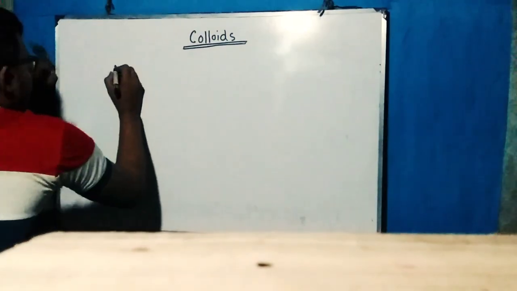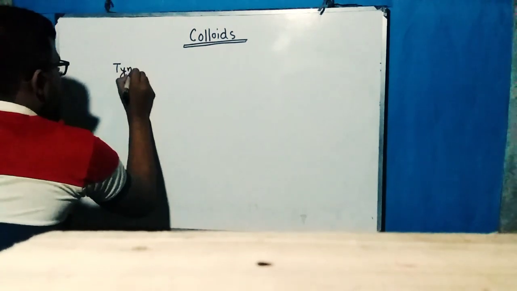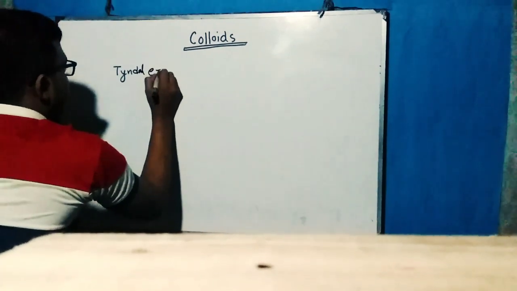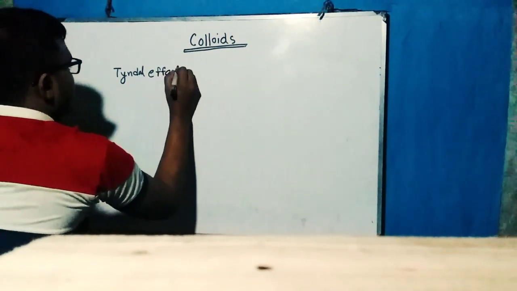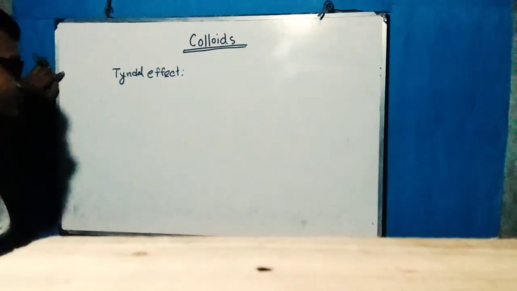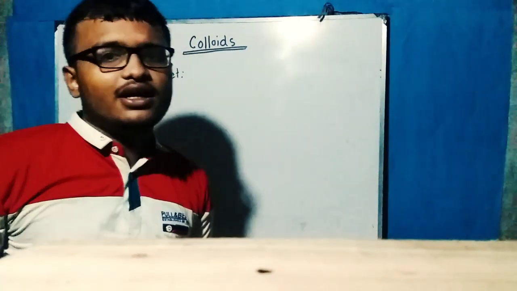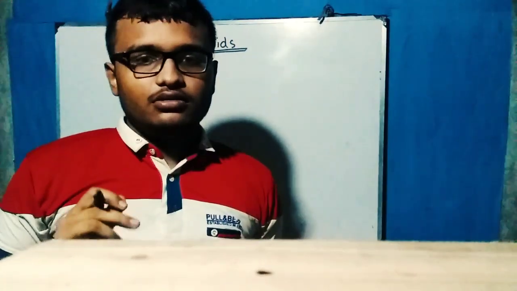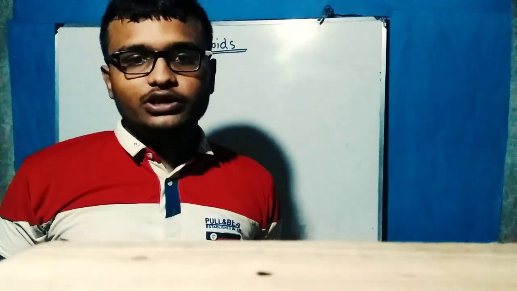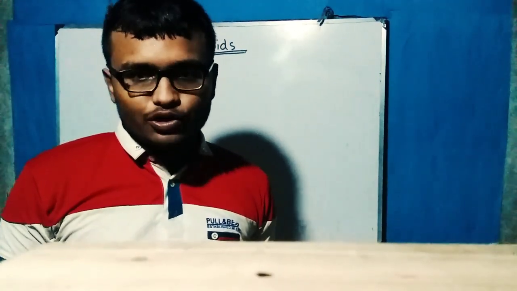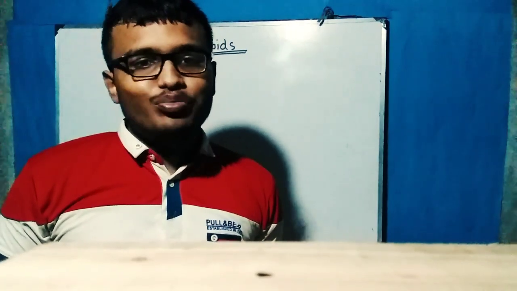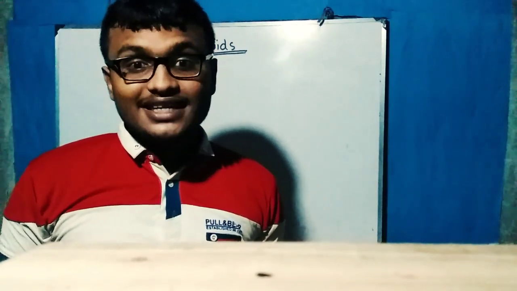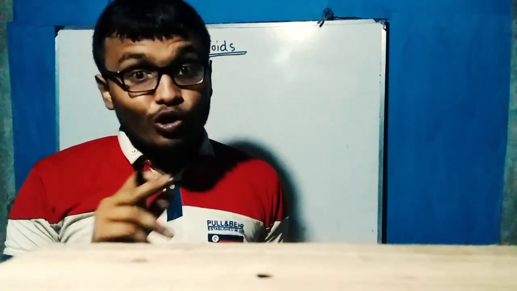Let's start with the Tyndall effect. Suppose we have taken two containers. In one container there is a solution of sodium chloride, and in the other there is a solution of milk. We know that sodium chloride is a true solution and milk is a colloidal solution.